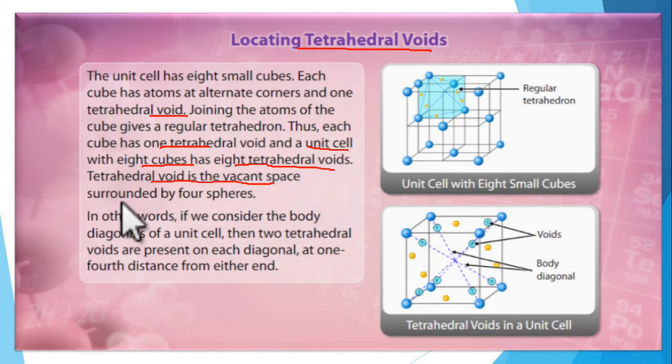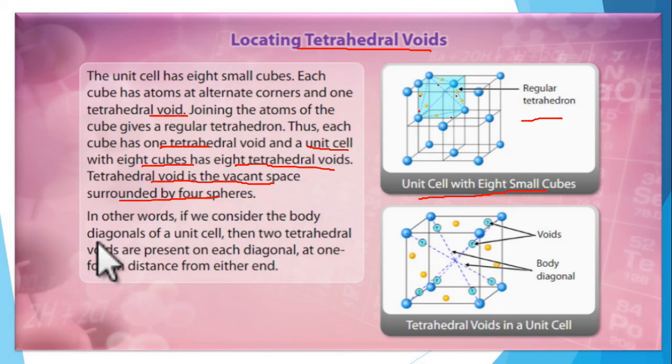A tetrahedral void is the vacant space surrounded by 4 spheres. We can see this from the diagram. This is the unit cell with 8 small cubes. We can count 8 corners of the small balls, in which 3 balls are above and 1 ball is below. In between, this yellow spot shows the tetrahedral void.